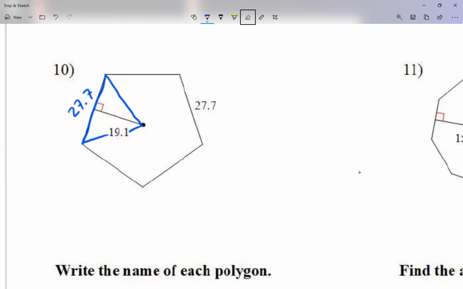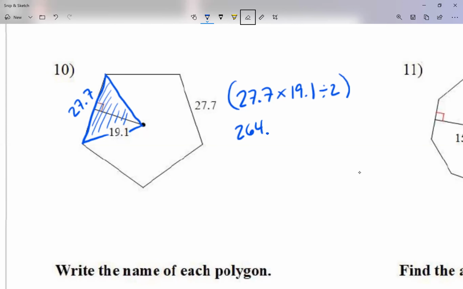So for that triangle alone, my area will be 27.7 times 19.1 divided by 2. According to my calculator, I have 264.535. I'm not rounding anything yet.